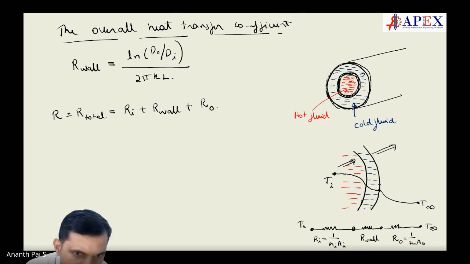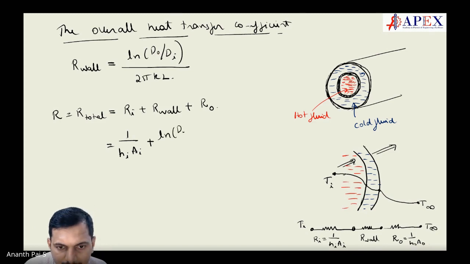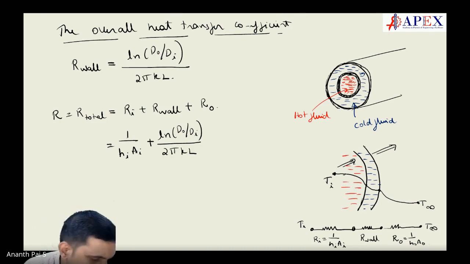This is equal to 1 by Hi Ai plus log of D naught by Di divided by 2 pi Kl, where l is the length, plus 1 by H naught A naught.